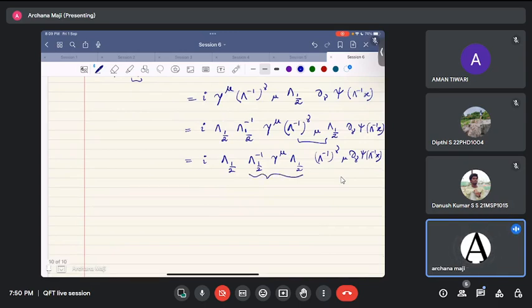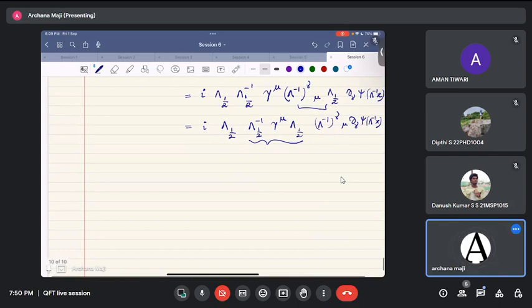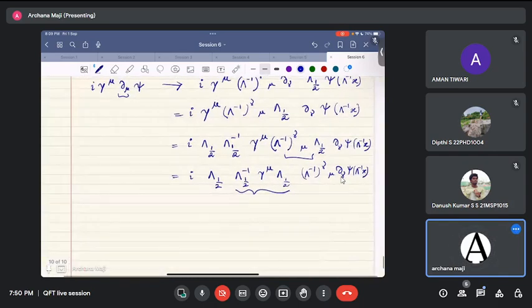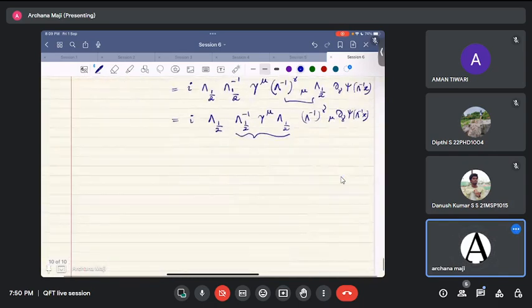So what is that quantity? So lambda inverse half gamma^mu lambda half, this is nothing but equal to lambda^mu_nu gamma^nu.